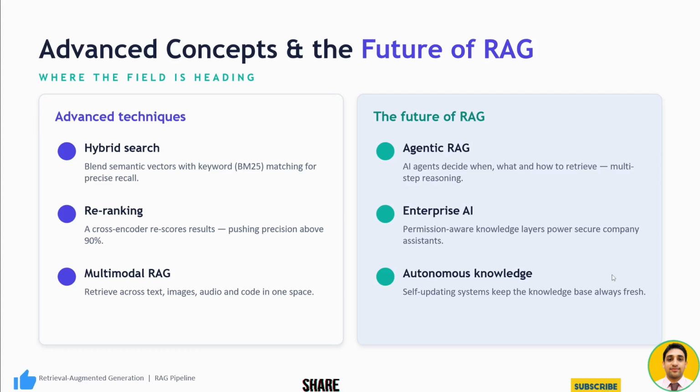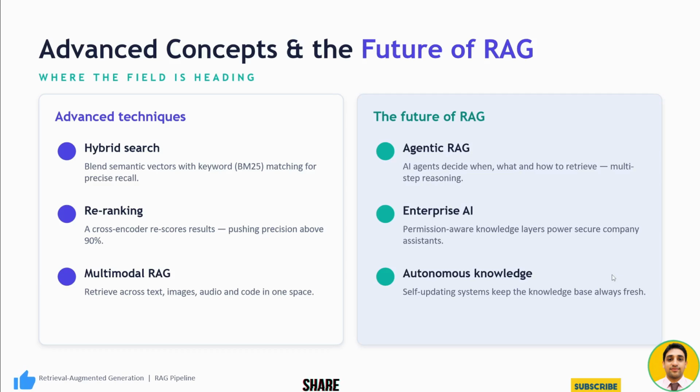The second is re-ranking, where a cross-encoder model rescores the initial set of retrieved results, pushing the precision of the final results above 90% in many implementations.